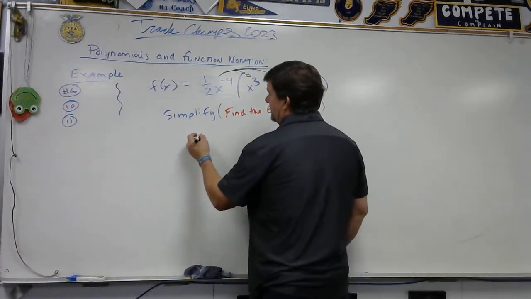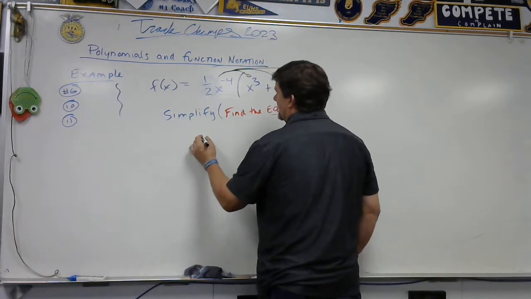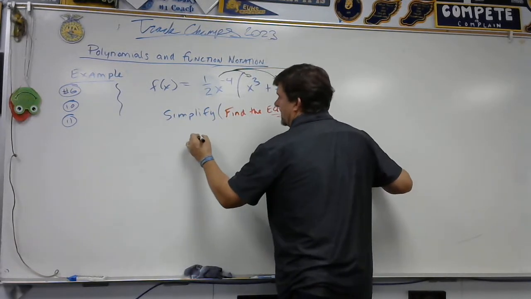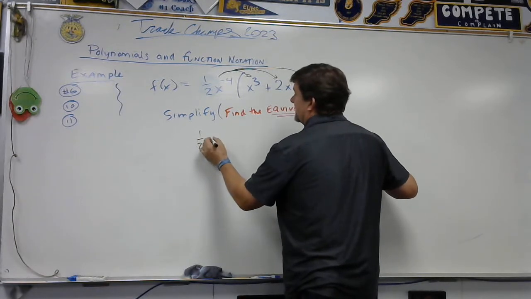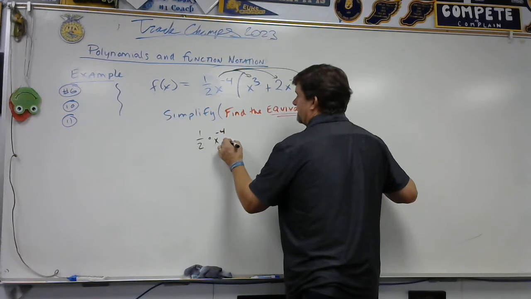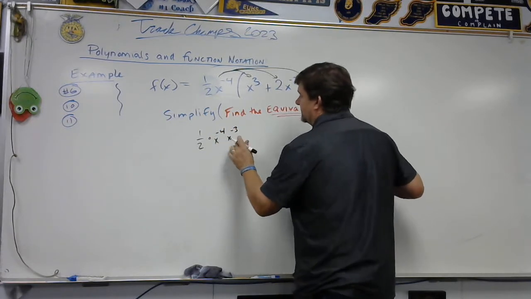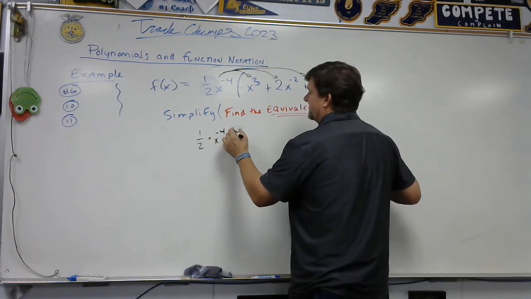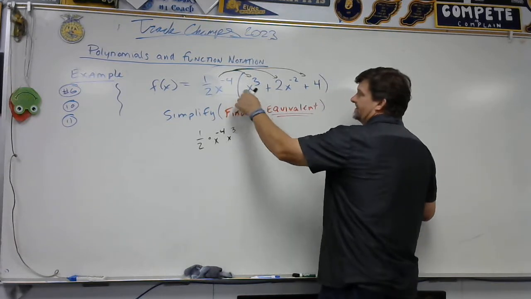Okay, so let's go ahead, and I'm going to bring this down here, and I'm going to write it this way. 1/2 times x to the negative 4th times x to the third. Those two there.